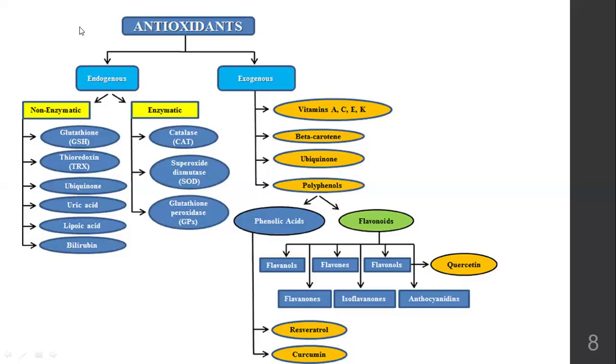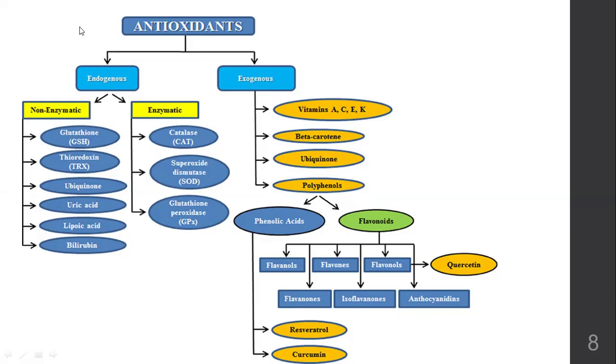The same principle will apply to antioxidants also. Your body also produces antioxidants. Your body is capable of producing non-enzymatic and enzymatic antioxidants that are there to take care of free radicals on its own. And then you have exogenous antioxidants, which are all usually from food.